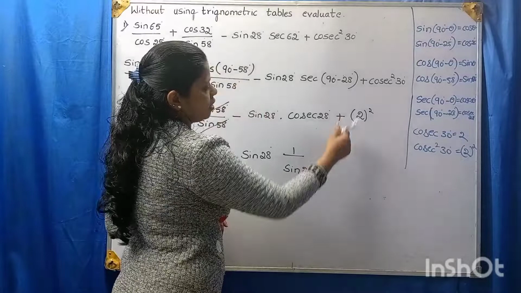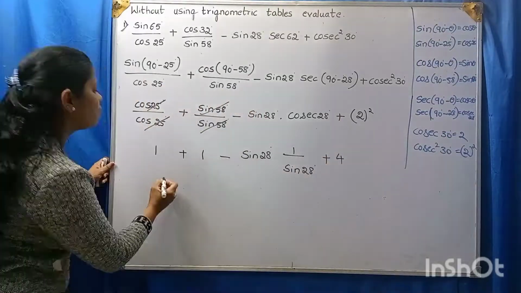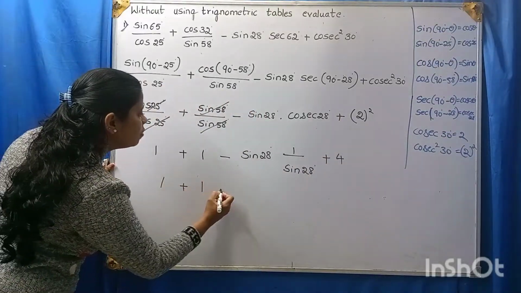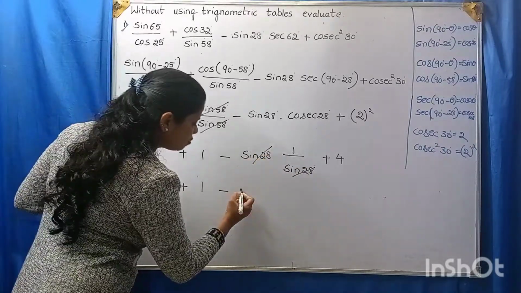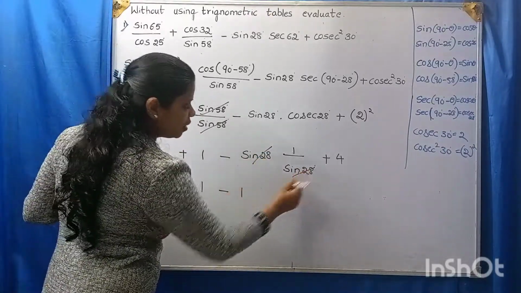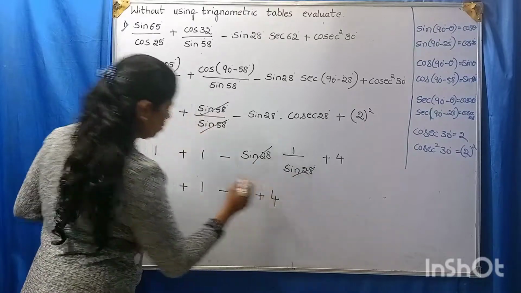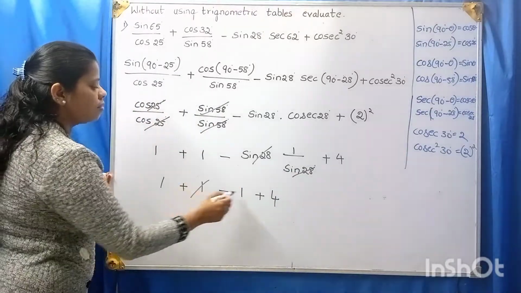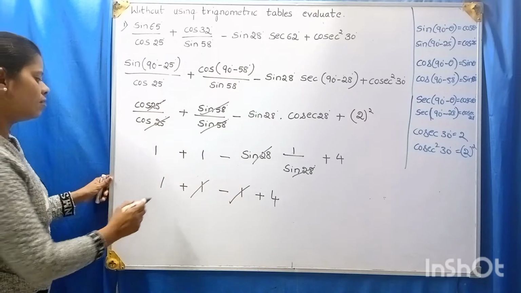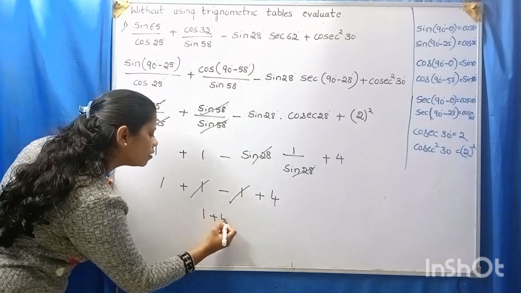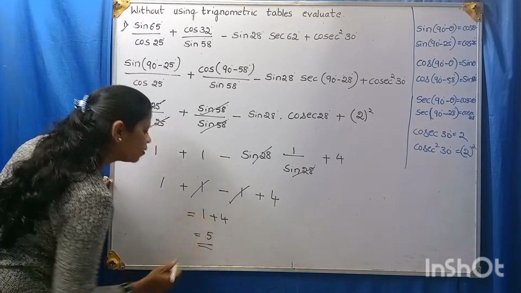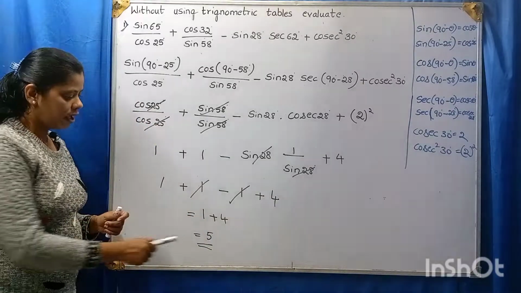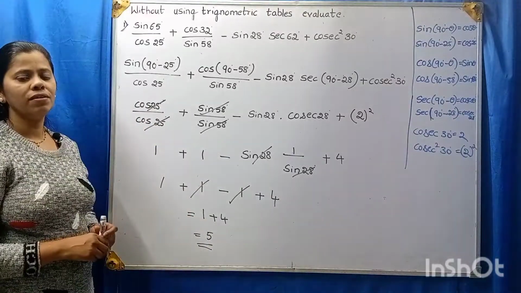Plus 2 square, it will become 4. So 1 plus 1 by sin 28 minus sin 28 degree, these cancel, and it becomes 1 plus 4. 1 plus 4 is how much? 5. And the answer is 5.